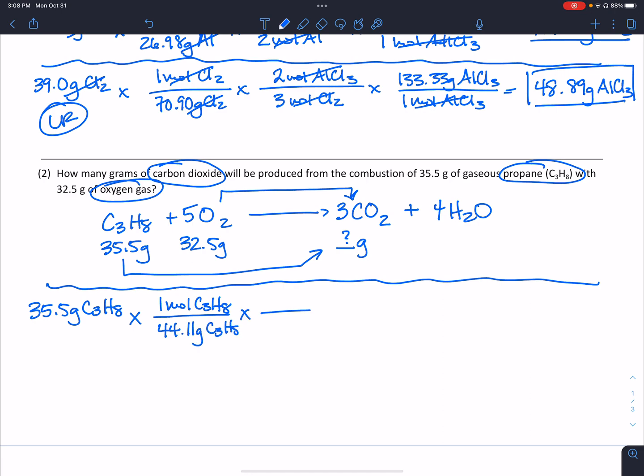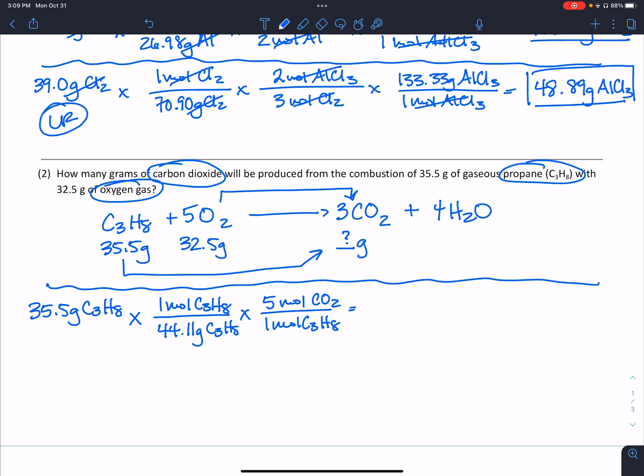All right, so that'll convert me to moles of C3H8, but I need to get over to the product, so I look at my coefficients. For every 1 mole of C3H8, I'm going to produce 5 moles of CO2, not O2, I'm sorry about that. Now I'm going to stop here this time, just so you can see what it looks like if you only go to the mole.